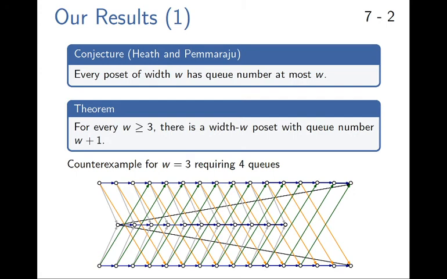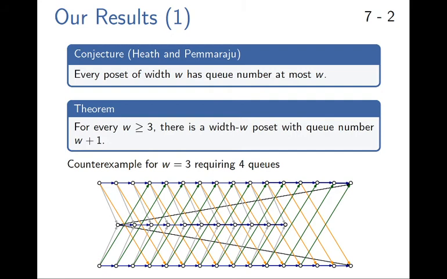And once you have this for width 3, then you can construct something bigger which grows in width by 1, but also the queue number grows by 1.